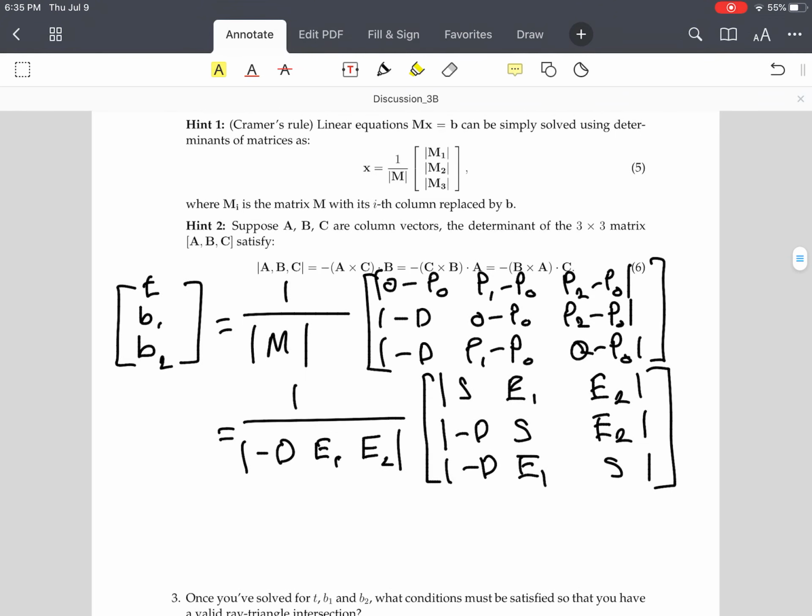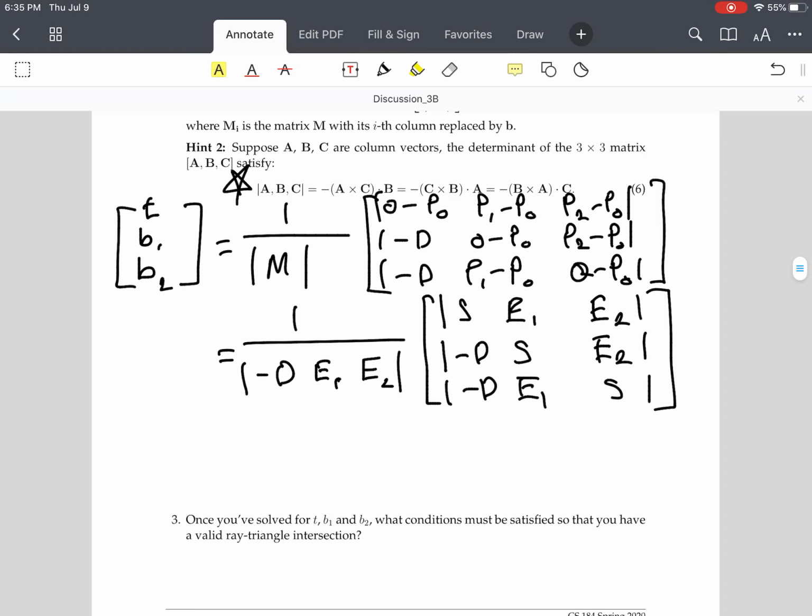And so what we can do now is take a look at this equation 6 that gives us a nice, easy way to rewrite these determinants. Okay? So let's just rewrite them. So here, this one, the determinant negative D, E1, E2, if you plug it in, you'll get, and some of this math is a little hard to follow.